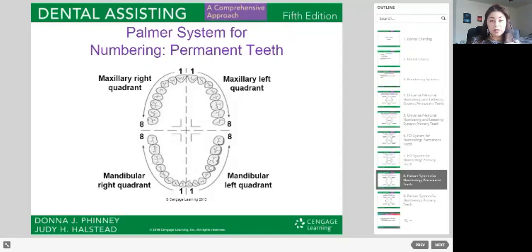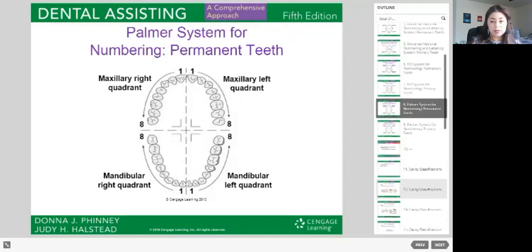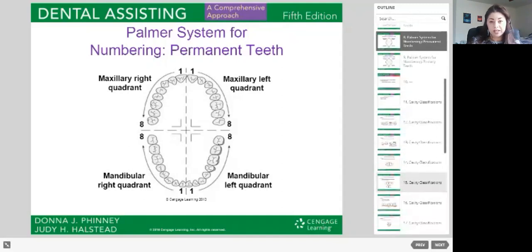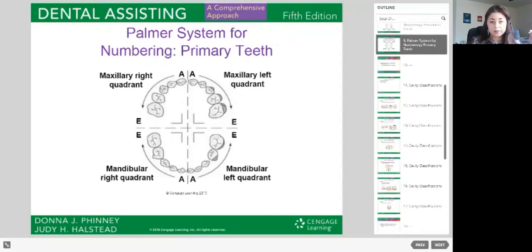I think this one, in my opinion, is the most simple. But I guess it's the one I've had the most experience with as well, because I've done ortho for most of my career. Again, for the Palmer method, it still is upper right, upper left, and this is the primary: upper right A, upper right B, upper right C, upper right D, upper right E. So it's just A, B, C, D, E. The only thing you need to know is right or left, upper or lower.